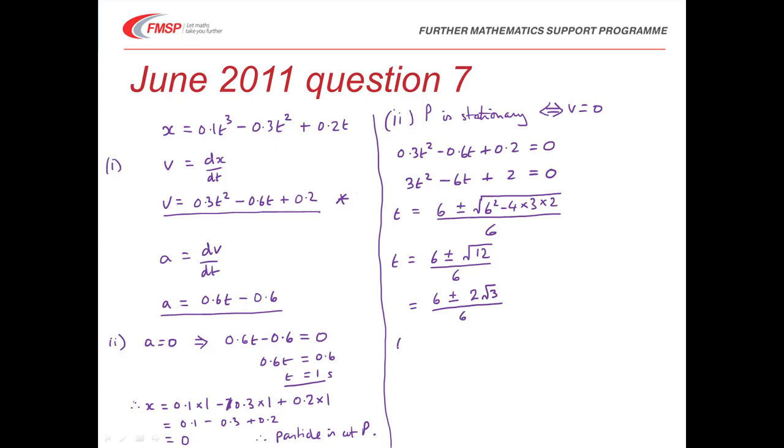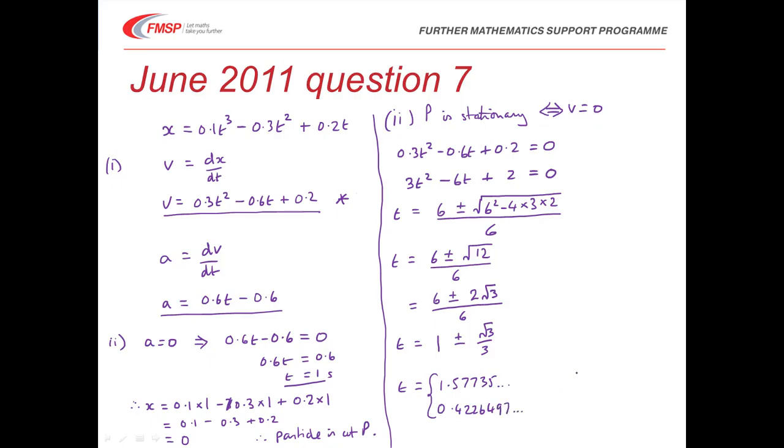So my answer in surd form is 6 divided by 6, which is 1, plus or minus 2 over 6, which is a third of root 3. Or indeed you might have simply gone straight for your calculators and got the two answers, 1.57735, etc., and 0.4226497.